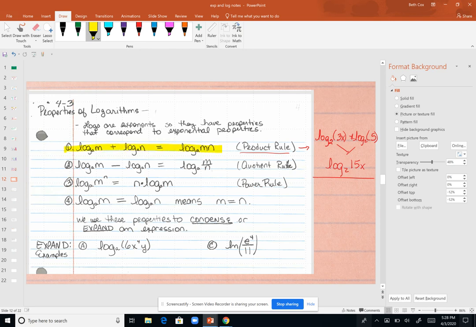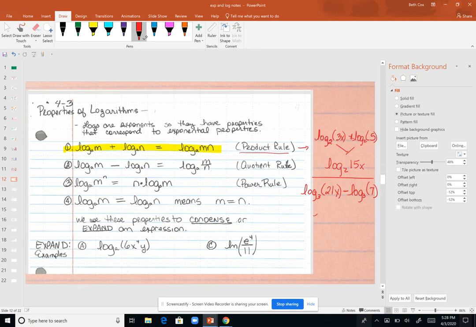The quotient rule does basically the same thing. It gives me the ability to take log base 3 of, say, 21x minus log base 3 of 7 and rewrite that as log base 3 of 21x over 7, and then I can reduce that, and so that could become log base 3 of 3x.